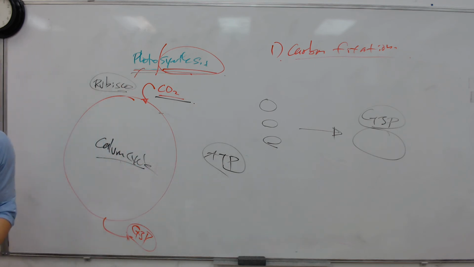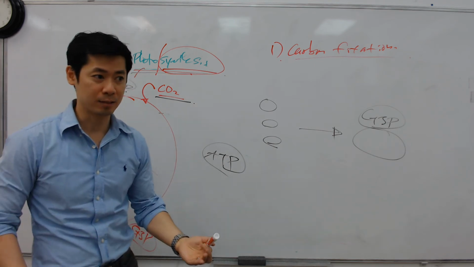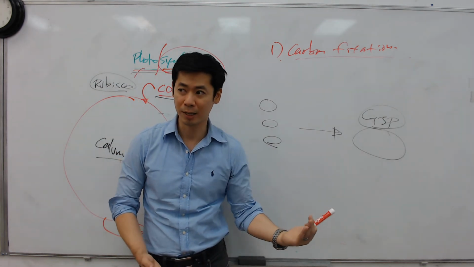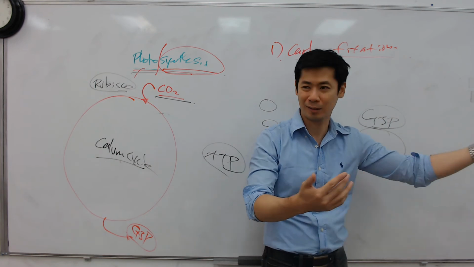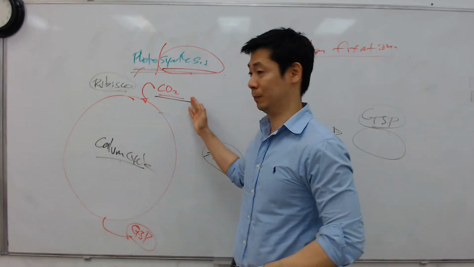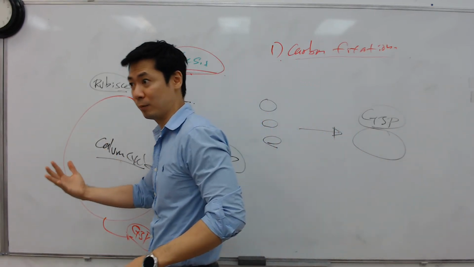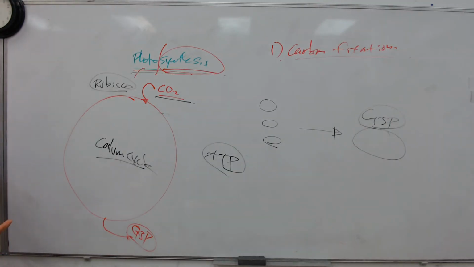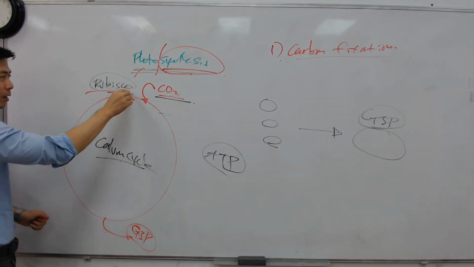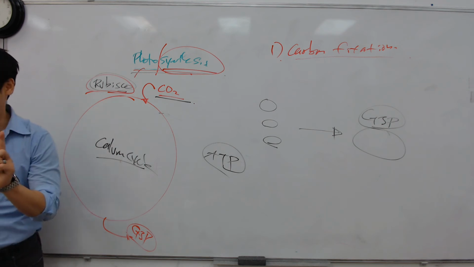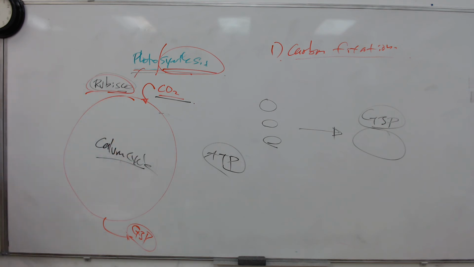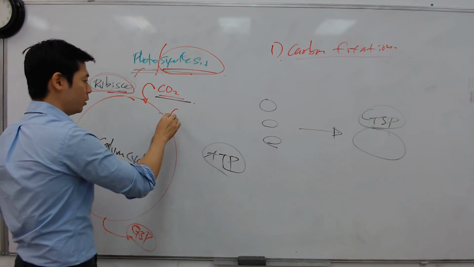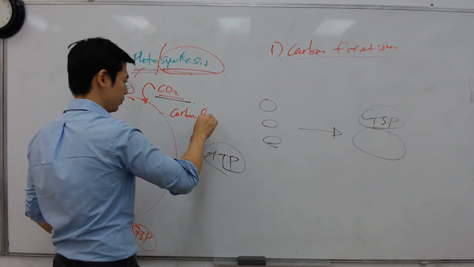Think about it, 70% is N2 gas, 20% is O2 gas, then some argon and other gases, and then CO2. There's not a lot, it's hard to find. So they got an enzyme for this. This guy has one job: bringing in CO2. So the first step is what they call carbon fixation.